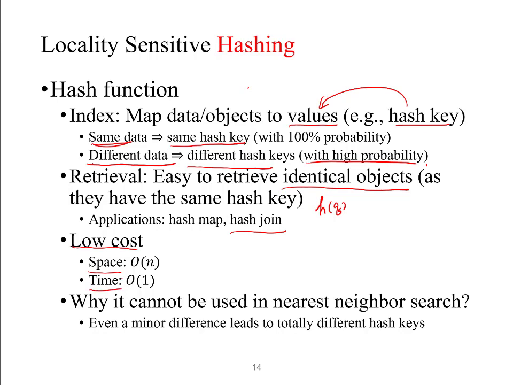For the space cost of a hashing algorithm, the space cost would be big O of n, because for each object, you compute a hash value of that object, and you store this hash value. So for n objects, you would store n hash values.